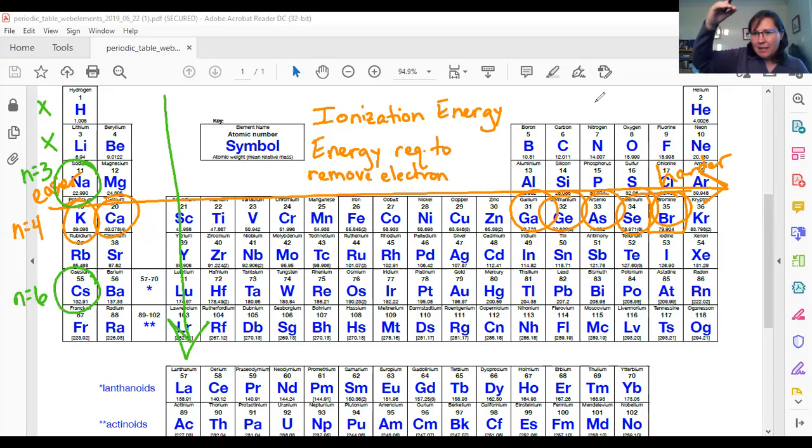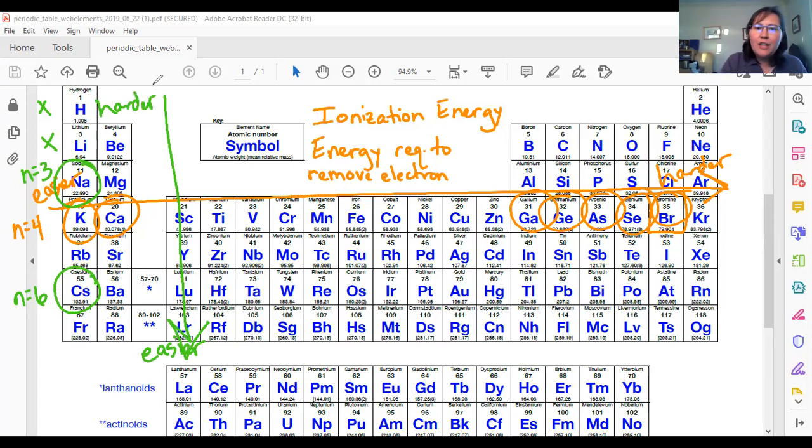Because cesium's valence electrons, its outer electrons, are so far away from the nucleus, it actually gets easier to remove an electron. It's easier to remove these electrons, and it's harder to remove the ones that are up high.